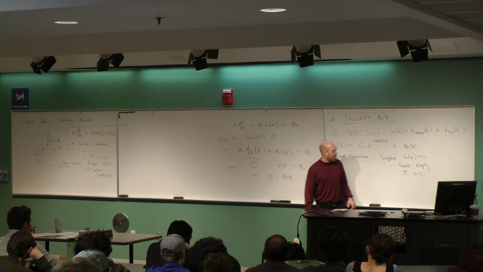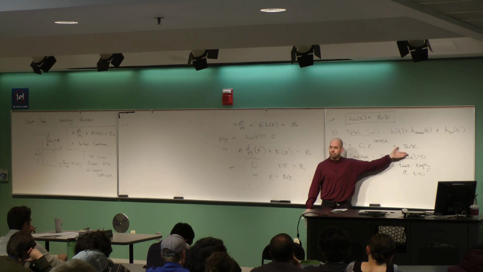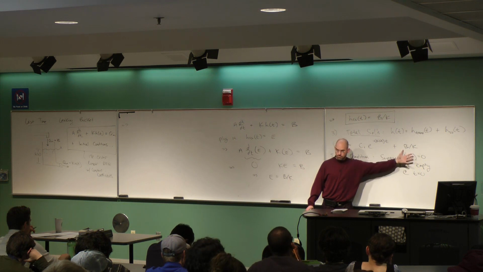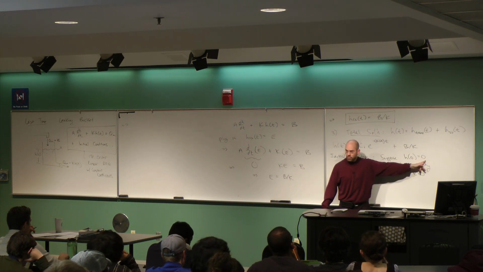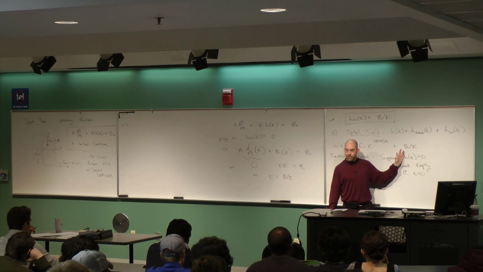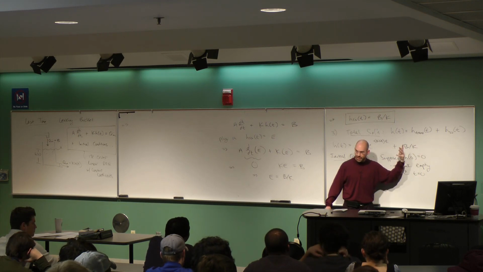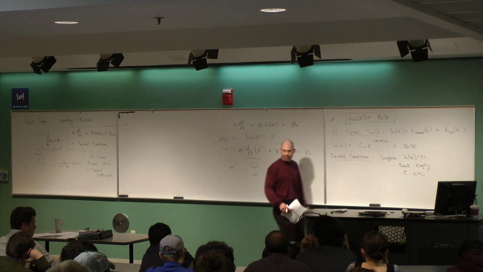Plug in 0 for t into this equation, and then set the equation equal to what? 0. Now, this side doesn't have to be 0. I could say 3 inches of water. If that was true, I'd plug in 0 for t, and I'd put 3 on the other side. The initial condition is whatever you say it is, but it affects what the constant will be.